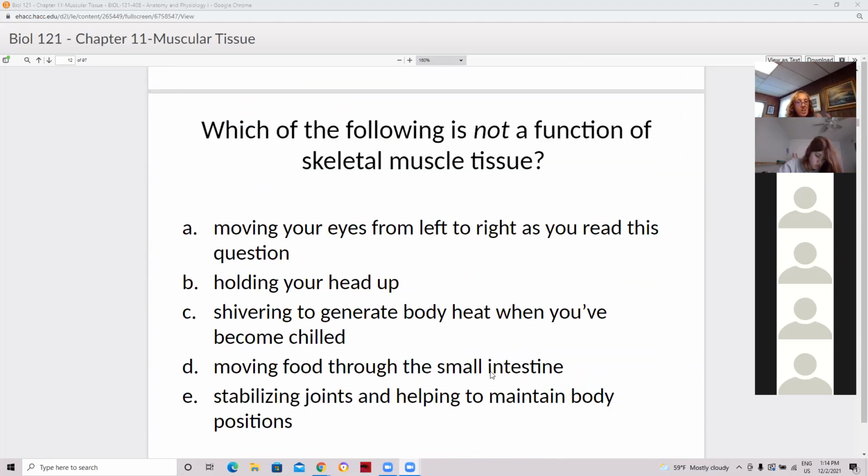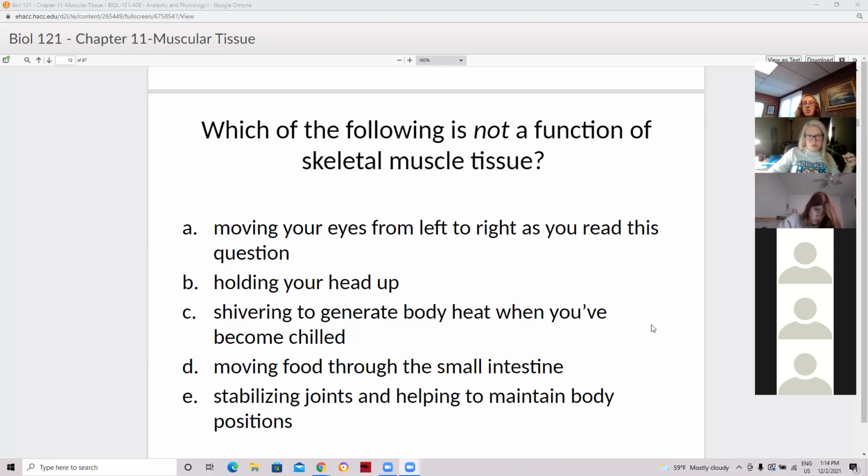Which of the following is not a function of skeletal muscle tissue? Is it A? Why do you think it's D? Because you need to hold up your head, you need that strength and posture. Caitlin, reread the question.